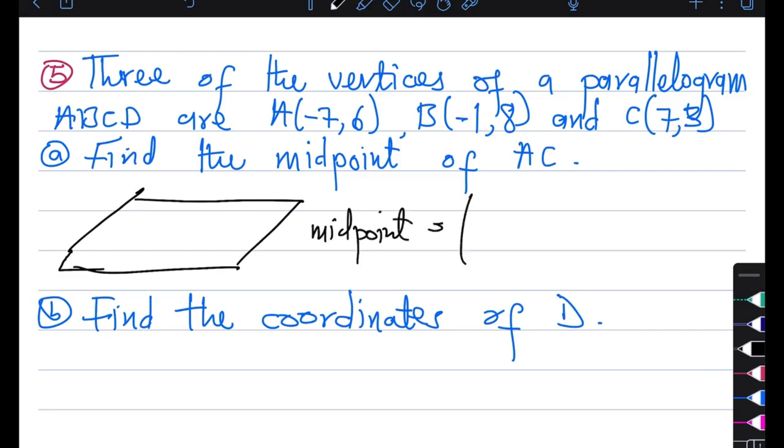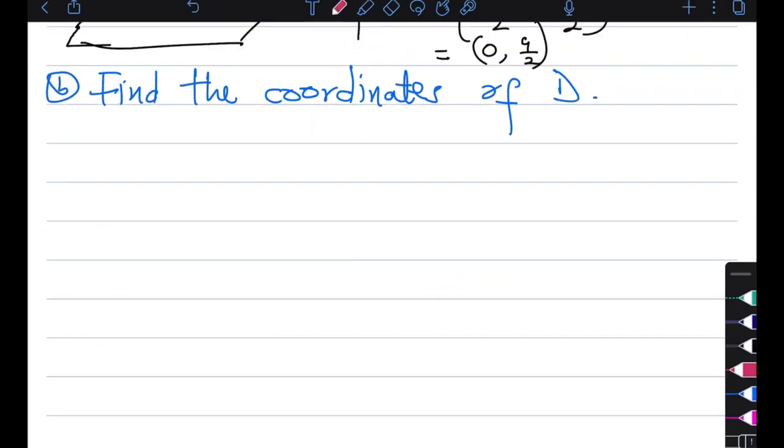So the midpoint will be equal to, take A and C, their x values, that's negative 7 plus 7 over 2. And then their y values will be 6 plus 3 over 2. So that means that we have 0 and then 9 over 2, right? Or 4.5. Now they want us to find the coordinates of D. How do we do that?